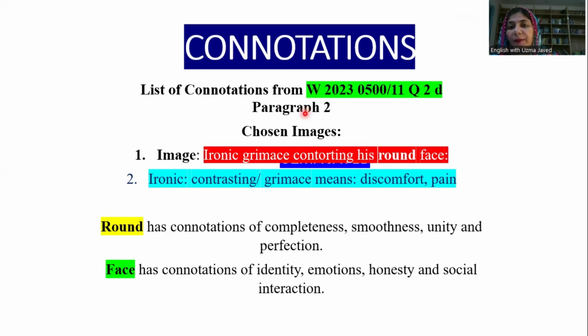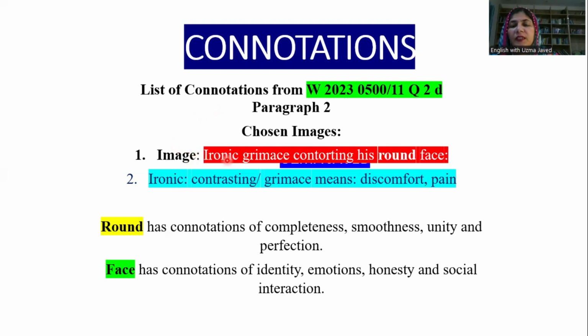But in your examination, where you are supposed to attempt this question to obtain 15 marks, there are just two paragraphs, and there should be only three images per paragraph and a total of six images. I hope this is absolutely clear to everyone.